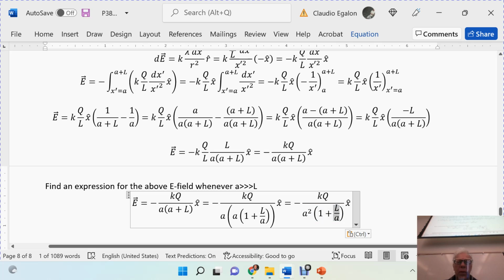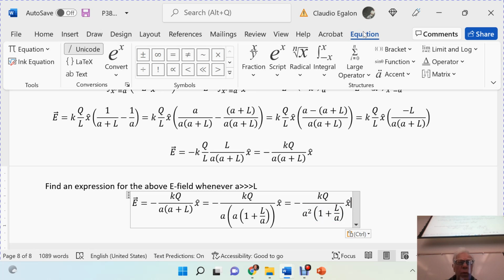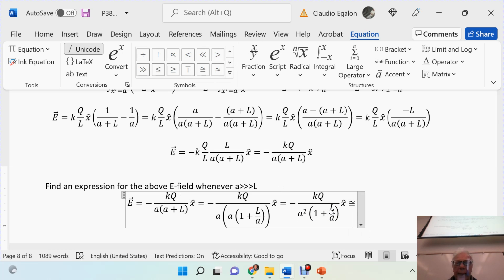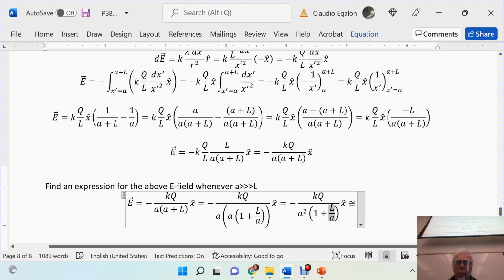This term here disappears. And we can go for our approximation. And we get an approximation that's non-zero. In the other case, we wouldn't get an approximation that was non-zero. Here you go, right in here. Neglecting this term here reduces to what? Reduces to the result of a point charge.